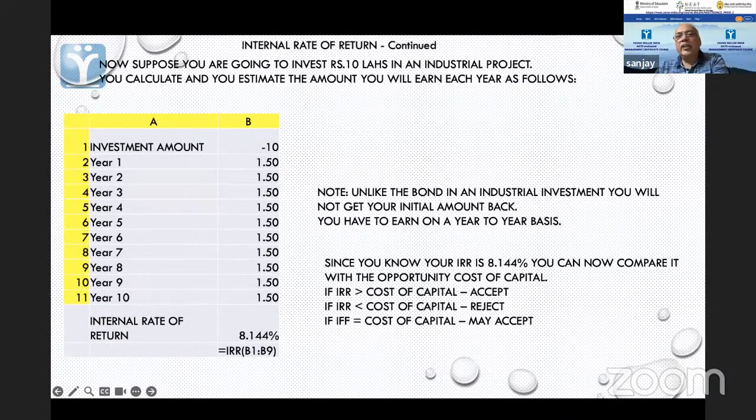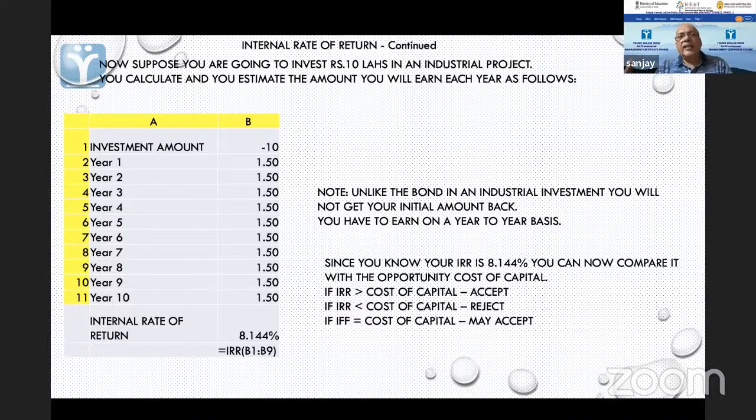So whether I go the NPV way or the IRR way, in both cases, I will know exactly whether it's a good decision to invest in the project or not. So the moment I see this 8.144, forget about the way it was calculated. If I just look at these two figures, opportunity cost 10%, internal rate of return 8.144%, I should not invest. Naturally, I want to earn more than what I could have earned somewhere else.